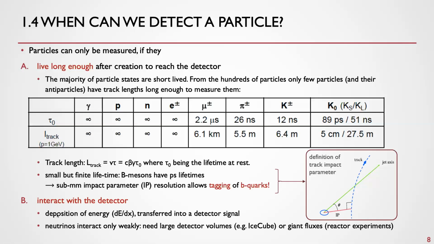If you want to measure neutrinos, you need very large detector volumes. For example, the IceCube detector, which is several square kilometers of ice at the South Pole, instrumented with photodetectors. You have cubic kilometers of ice acting as a sensitive material, or you need giant fluxes.